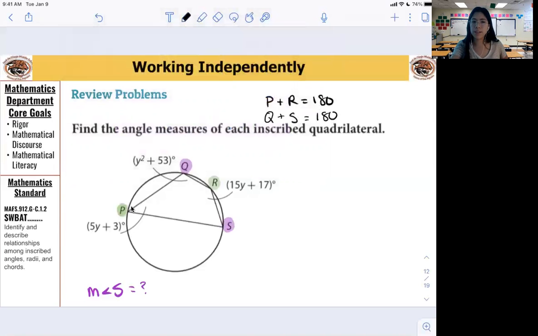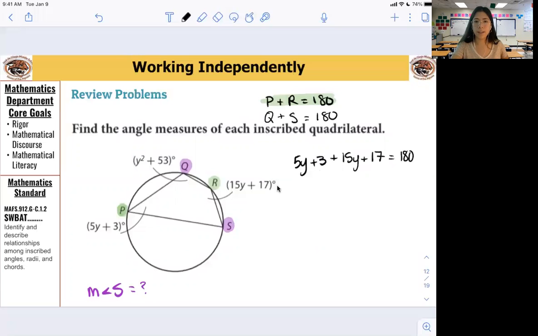Which 2 can I set up my equation with? Should I use P and R or Q and S? Good, P and R. P plus R equals 180. So 5y plus 3 plus 15y plus 7 equals 180.